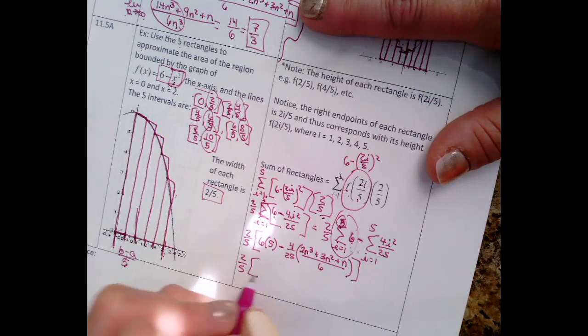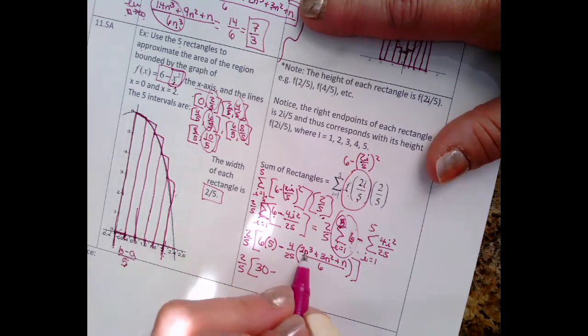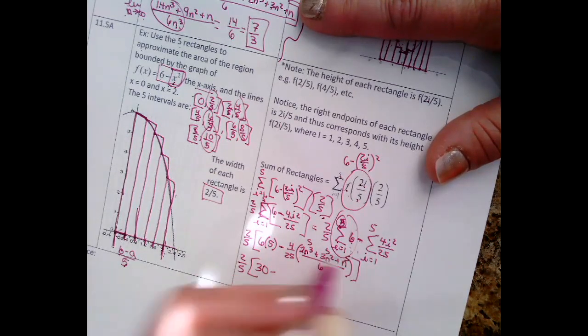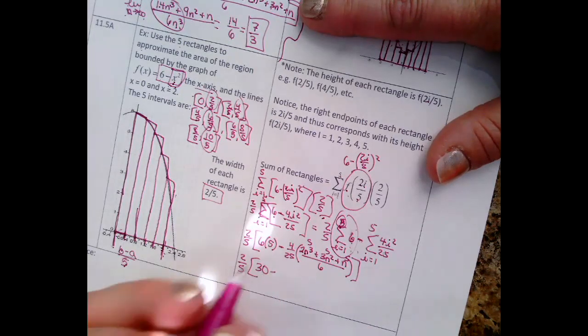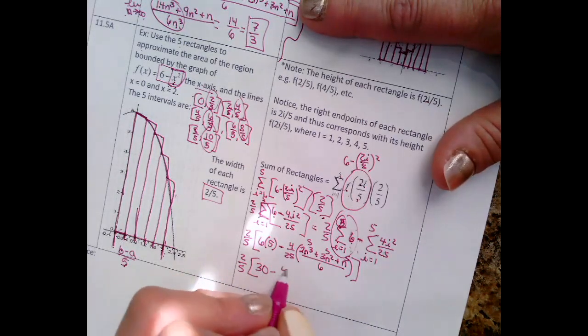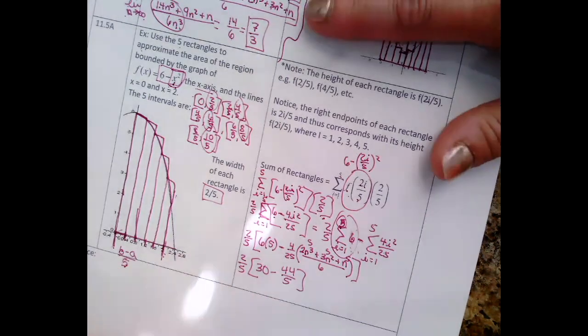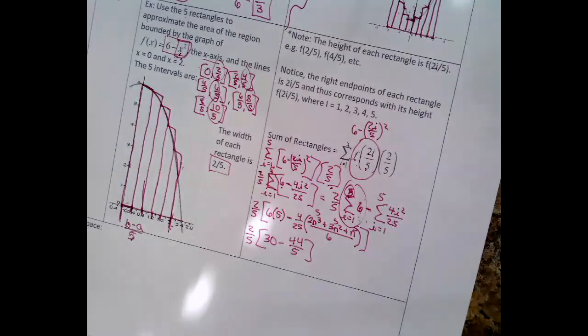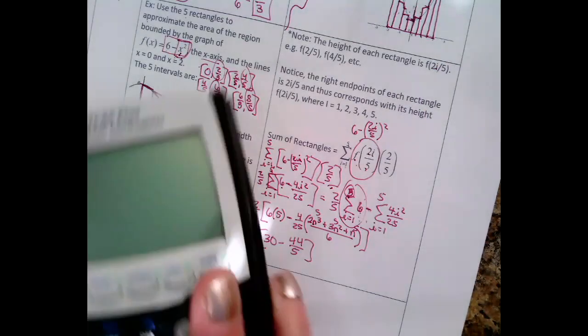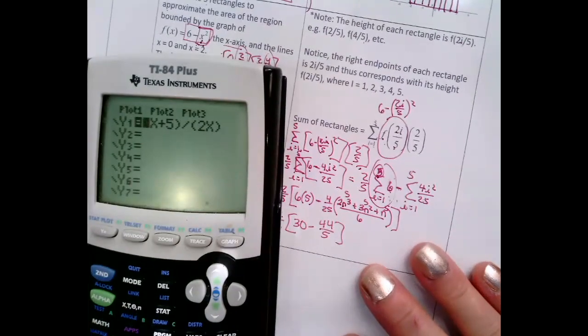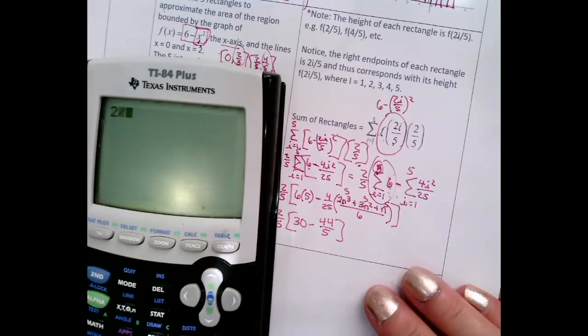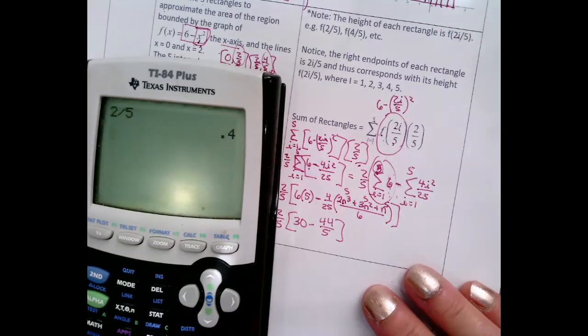So I get 2/5 times 30 minus, after plugging 5 into each of these, 44 over 5. Now I can just do the math. I'll get my calculator out and do 2 divided by 5 times, in parentheses, 30 minus 44 divided by 5.